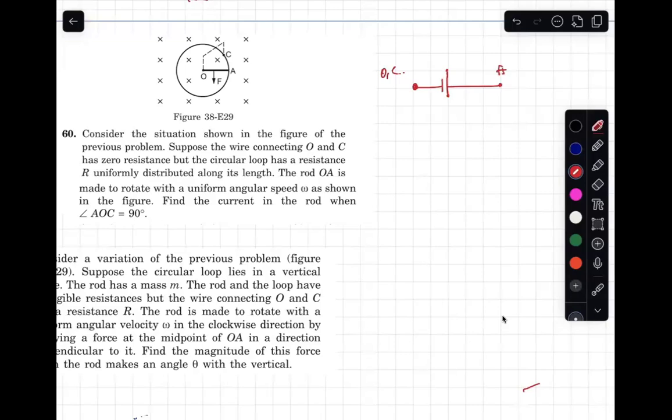Don't forget that. And in this case, what you need to notice is O to A. This is how the rod behaves.